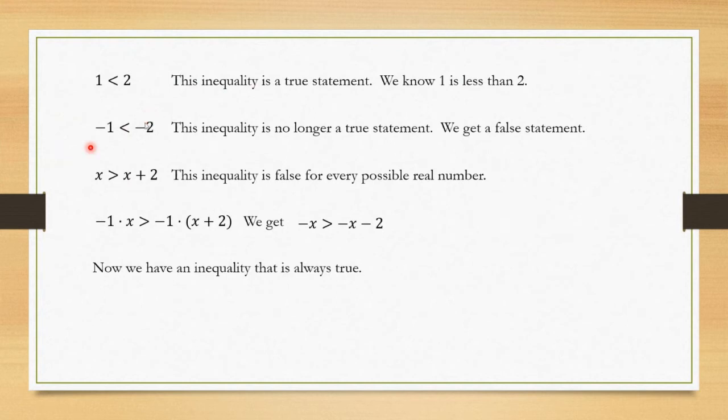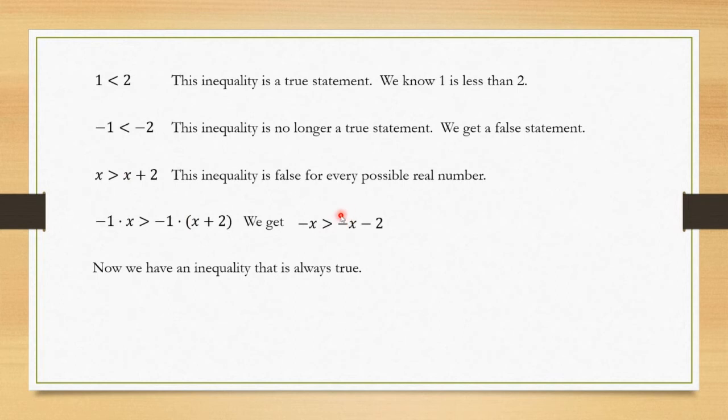And if you want to throw in variables, let's consider this. If you have x bigger than x plus 2, for any number x, this is going to be false. But if I multiply both sides by -1, and again I did not flip the inequality, then we have -x is greater than -x minus 2.